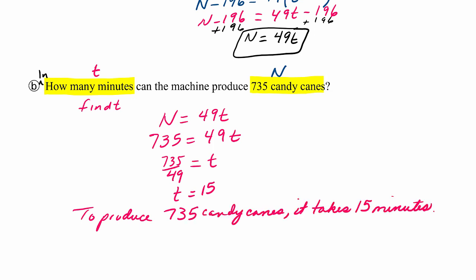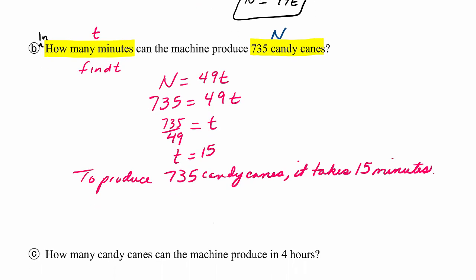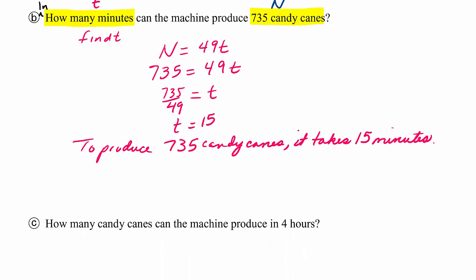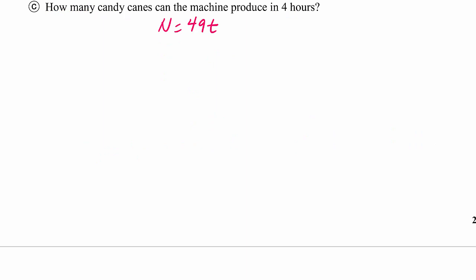Okay, so that's B, but then Problem C says, how many candy canes can the machine produce in 4 hours? Oh, okay, let's think about that. Well, here's our equation, n equals 49t. We're looking for how many candy canes, so we're definitely looking for an n there. And it's giving us time in 4 hours, but that's not quite t, is it?